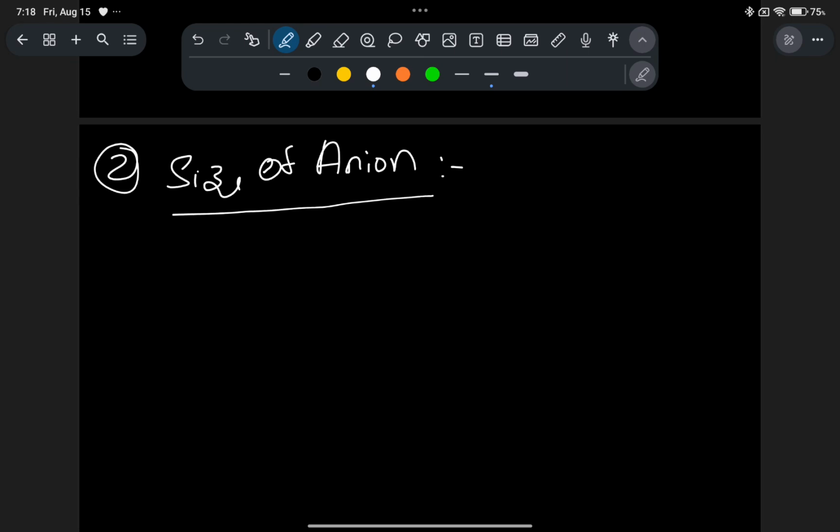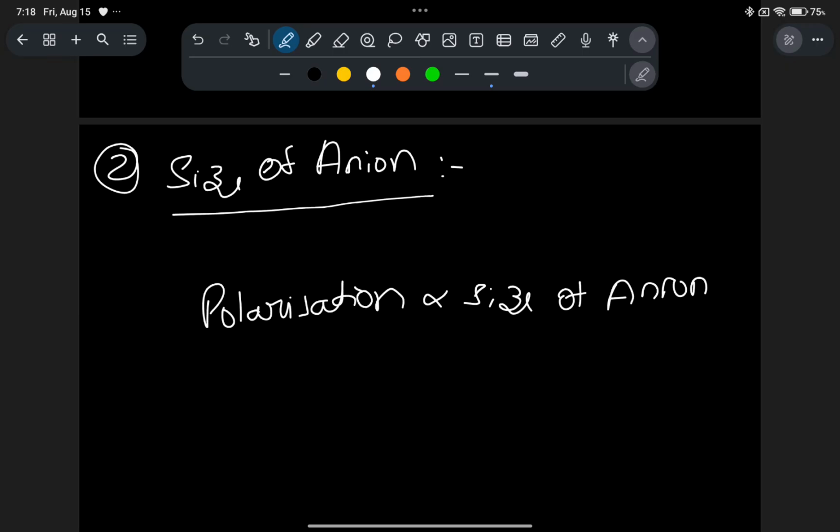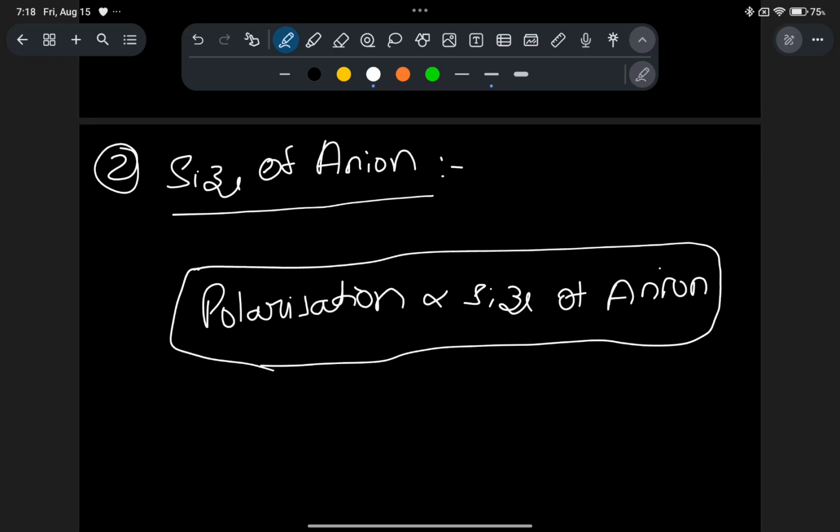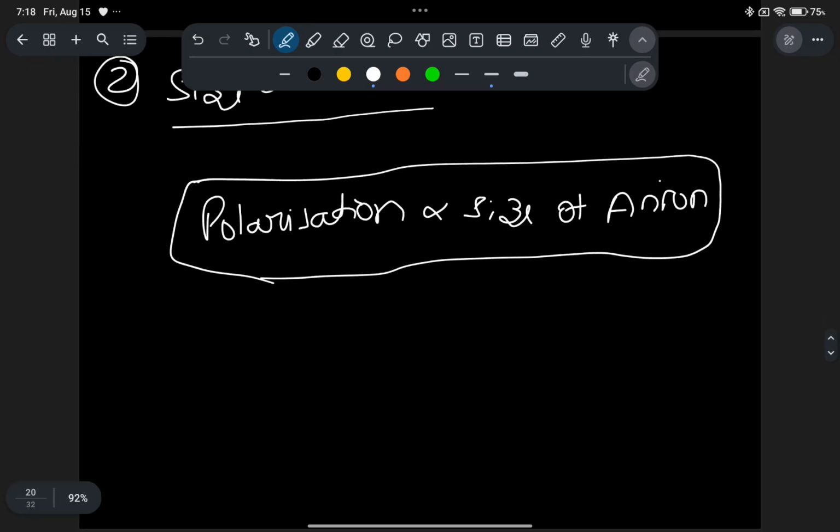Here, anion size increases means it favors the covalent bond, so polarization is directly proportional to the size of the anion, because it favors covalent character.